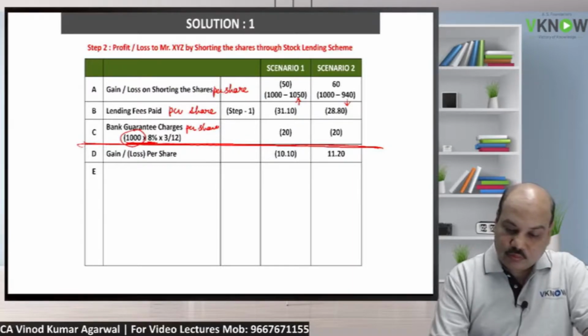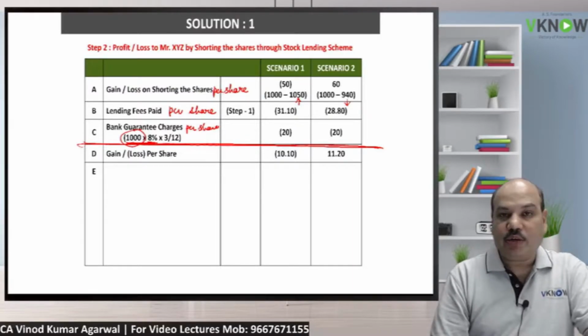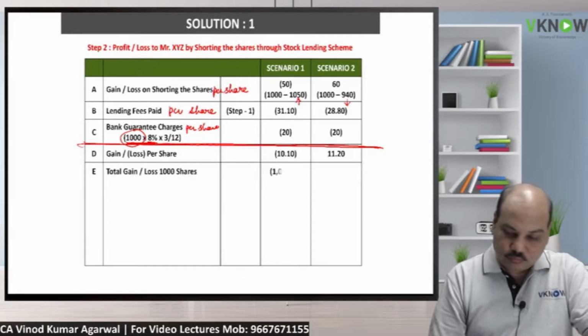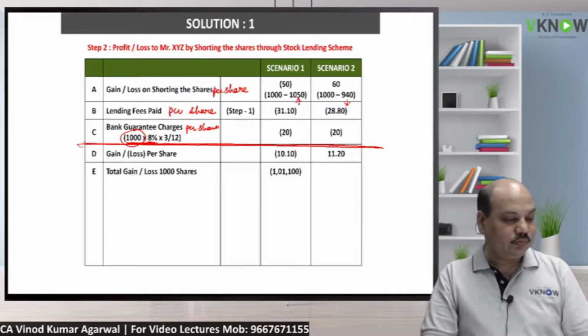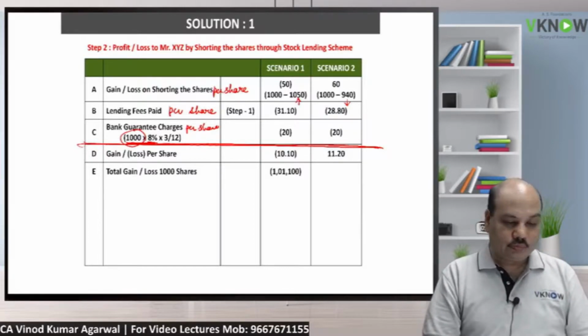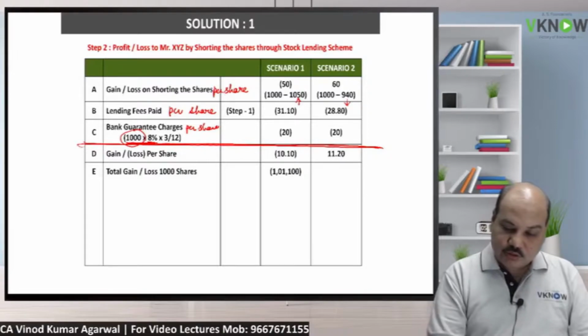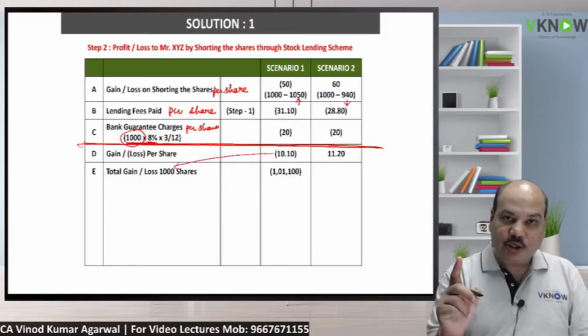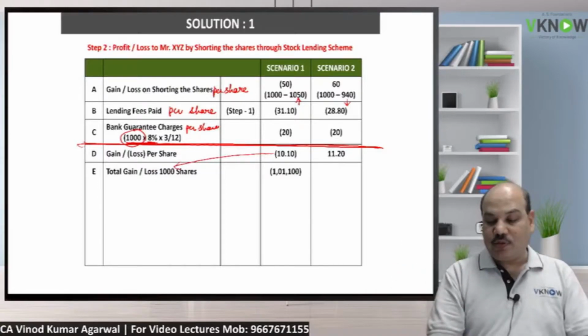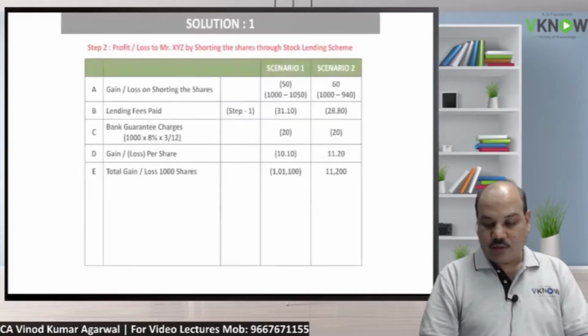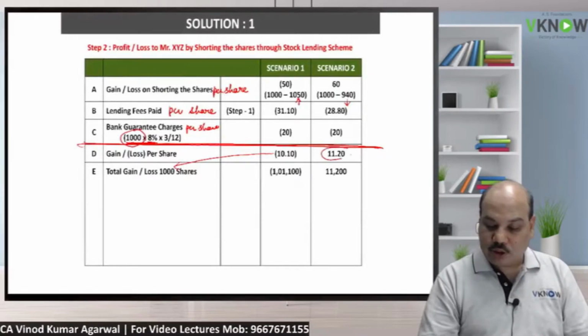In the first scenario, 10.10 and 11.20. Total gain or loss on 1000 shares, multiply 10.10 into 1000, 1,01,100, and 11.20 into 1000.